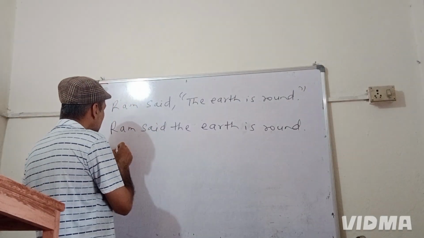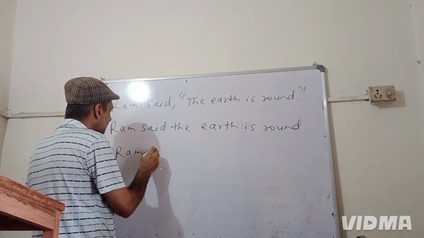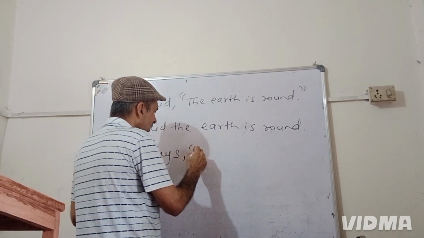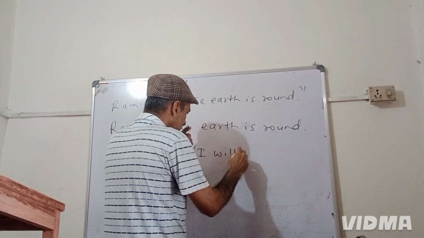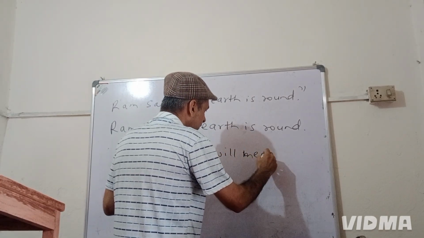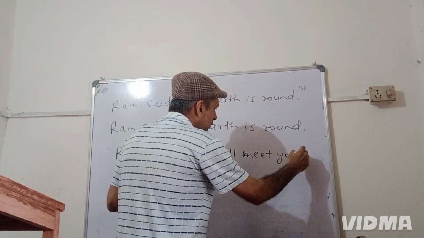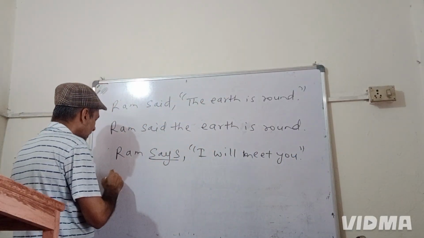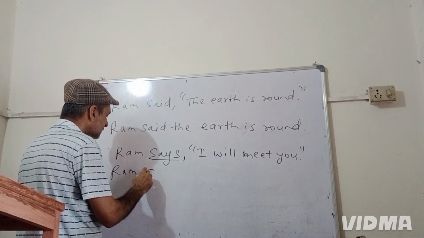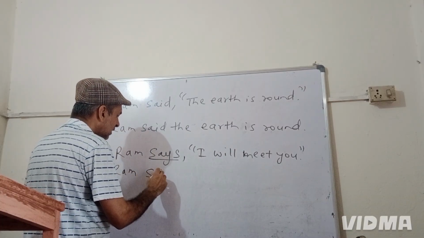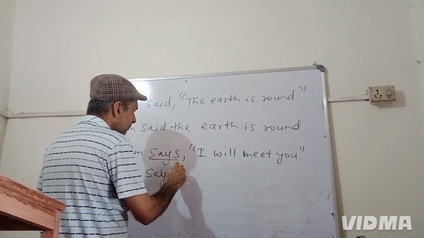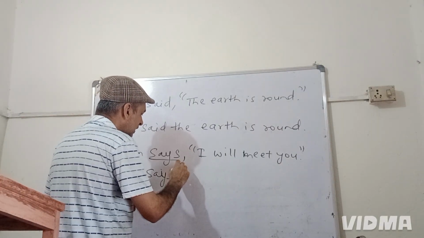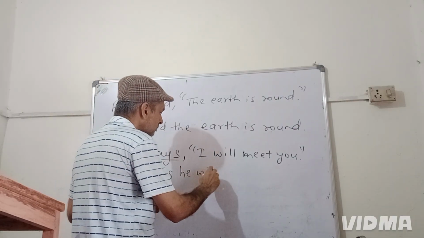Like Ram says he will meet me, but will is not changed. Tenses are not changed. In case of says also, it remains the same. And in case of universal truth also, it remains the same.